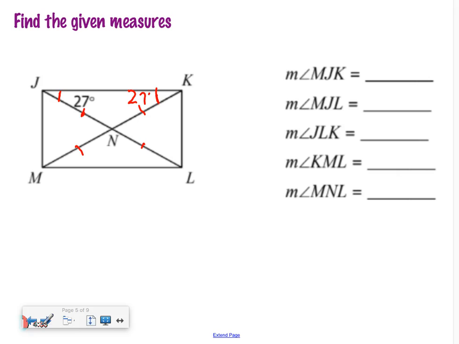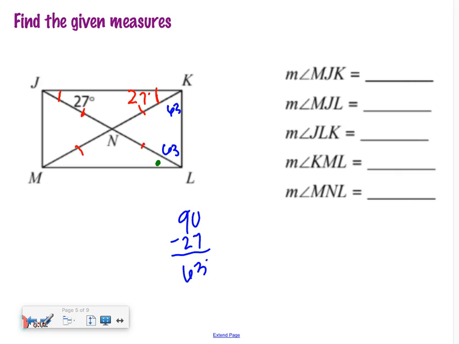Now, can I find this missing piece over here? Because what's this corner angle have to be? 90. So if I take 90 minus 27, what do we get? 63. Again, this is another isosceles triangle. So then this guy's 63.